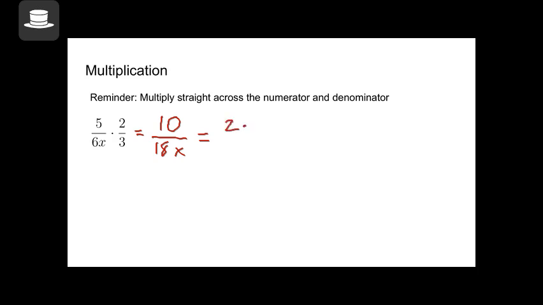So I can say 2 times 5, and then 2 times 9x. Now 2 divided by 2 is just 1, so I can cross those out. And that leaves me with 5 divided by 9x. Now, since 5 and 9 do not have any common factors outside of 1, then I can leave it there, and that'd be my final answer.